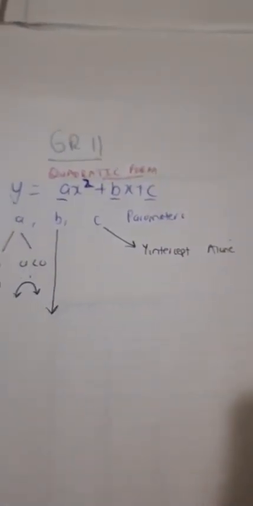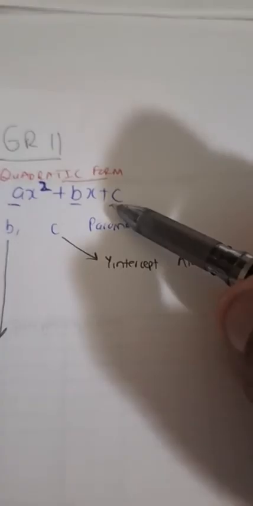So this basically helps us to know where we can expect the function to cut the y-axis. Will it be cutting above the x-axis, or below the x-axis? That's very important.